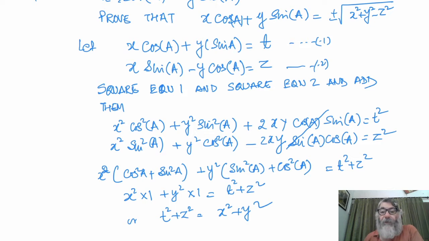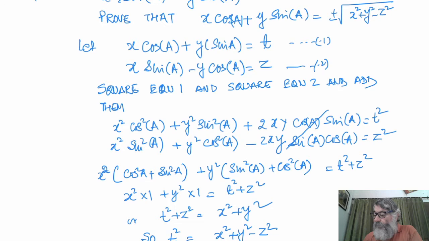I have to find the value of t square. So t square will be equal to x square plus y square minus z square, or t will be plus minus under root x square plus y square minus z square.